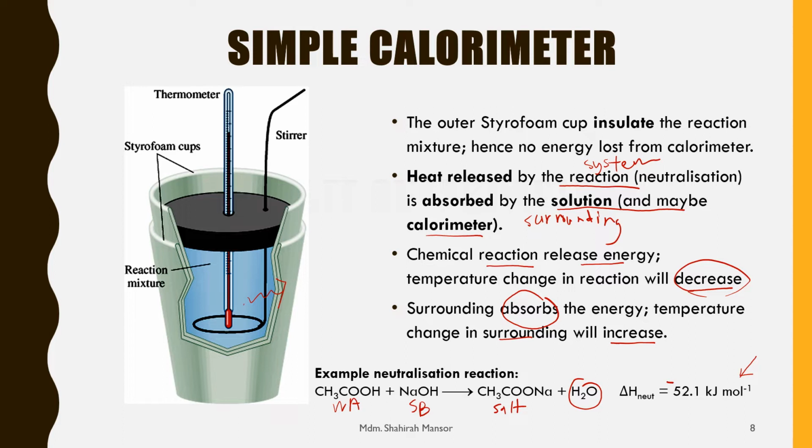So what this kilojoule per mole refers to, if you still remember, enthalpy of neutralization is referring to the heat released when 1 mole of water is formed from the neutralization between acid and base. So the 1 mole should refer to water. So negative 52.1 kilojoule per mole ini merujuk kepada 1 mole water yang telah pun dihasilkan daripada neutralization reaction.